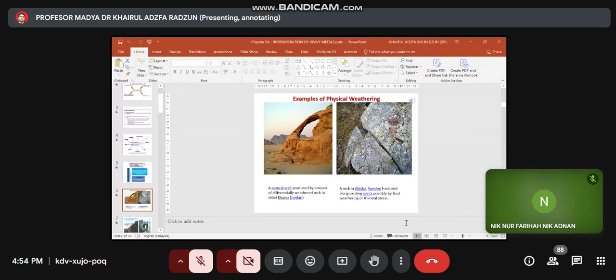So what happened here? During the autumn and winter, the rock, or this boulder, shrank because of the coldness, and when summer came, the thermal heat or thermal stress started to expand this particular boulder.